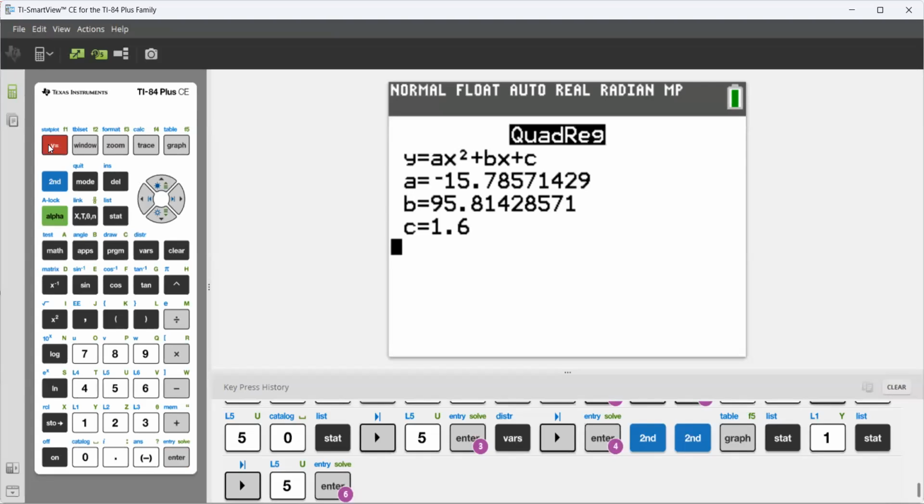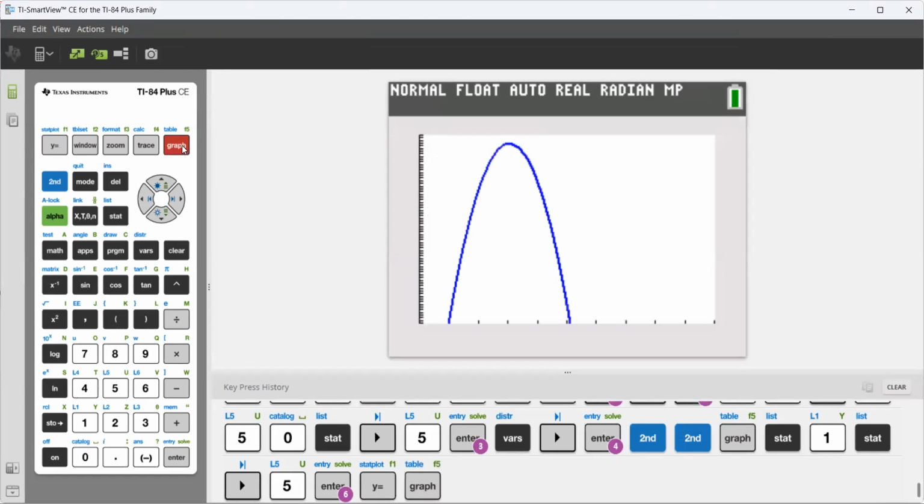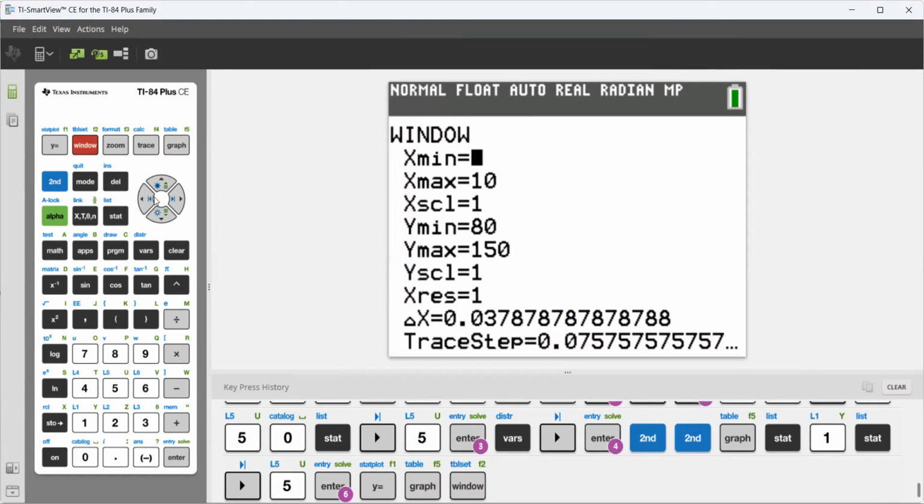So let's go to our y equals. I have my function here, so I go to graph. So this is what I'm getting for my graph, at least for now. Now I go to my window, and then I'm going to check my window and see if there is something wrong with it.